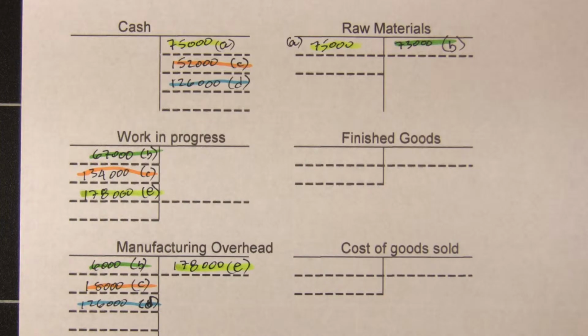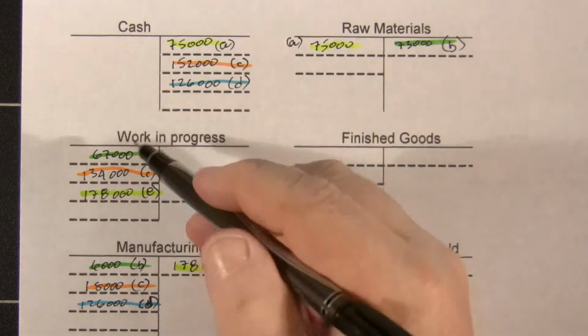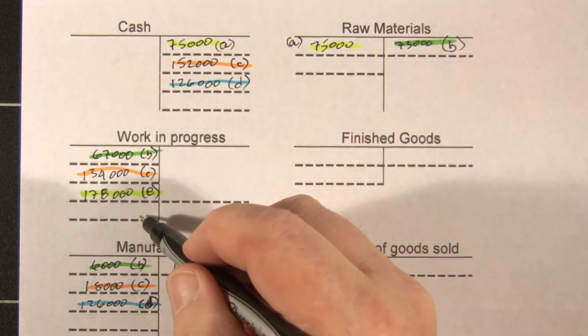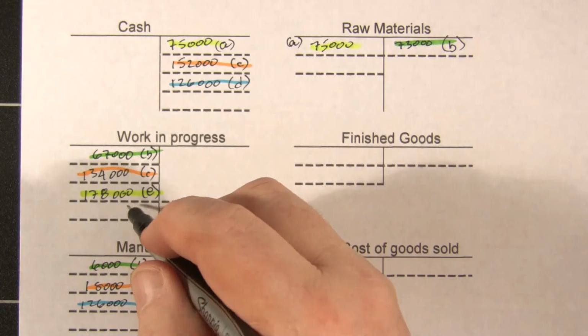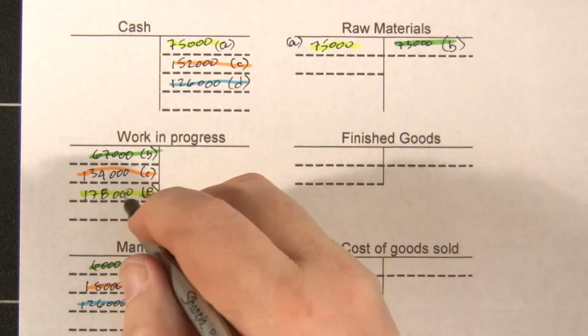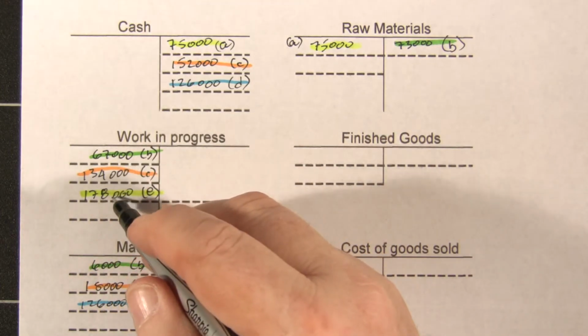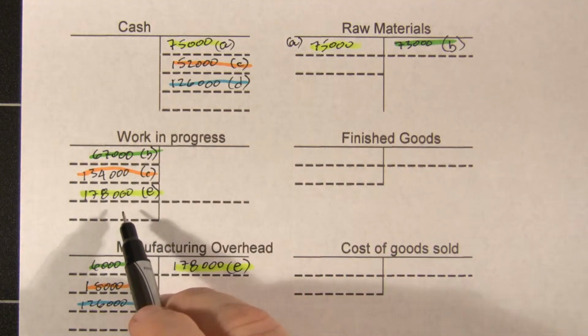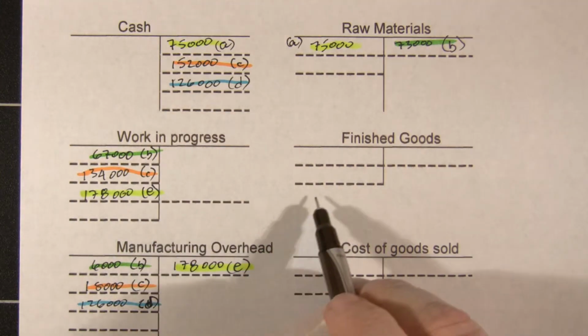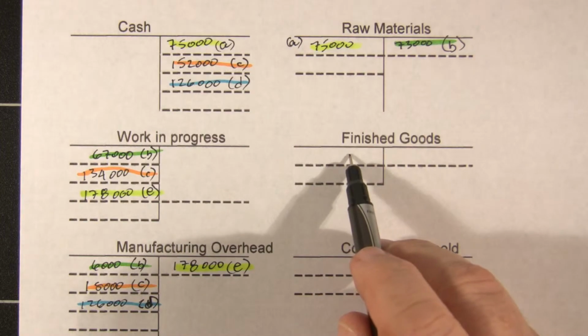Okay, now they tell us all of the jobs in progress at the end of the month were completed and shipped to customers. So what they're telling us is that everything in here was shipped. So we need to add that up, and when we add that up, we find that that comes to $379,000. We need to take it from here and put it to finished goods.